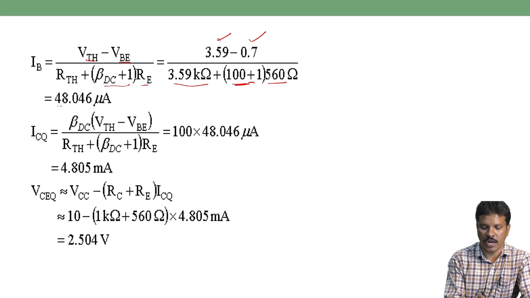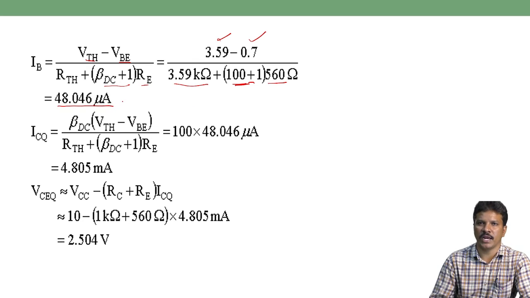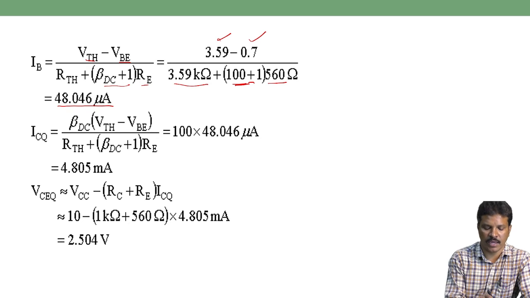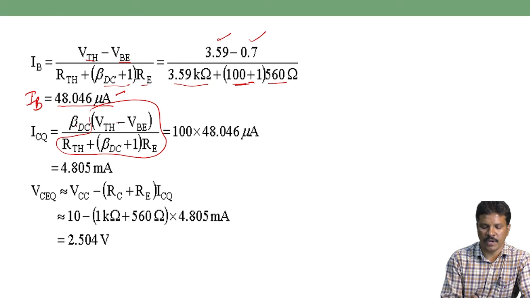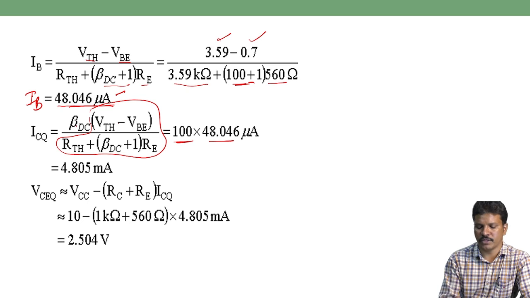So we get 48.046, about 48 microampere. This 48 microampere from the input Kirchhoff voltage law is IB. Once we have IB, IC is equal to beta IB. So beta is 100, and IB already calculated is 48.046, about 48 microampere.